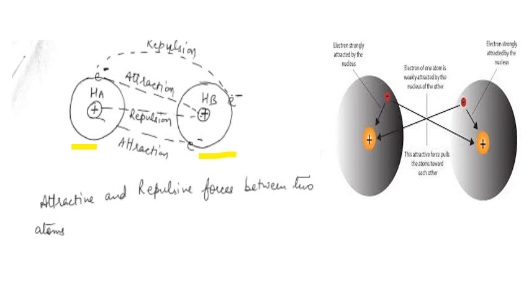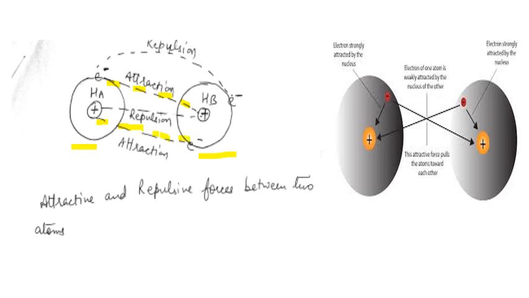The attraction of the electron of one orbital to the nucleus of the other orbital causes attractive forces. Similarly, the electron of the Hb orbital is attracted to the nucleus of the Ha orbital, which also acts as an attractive force.